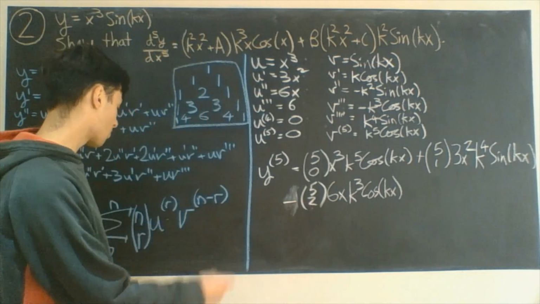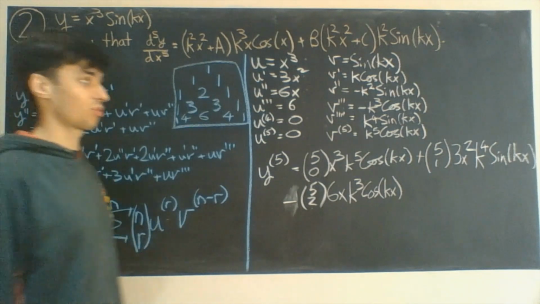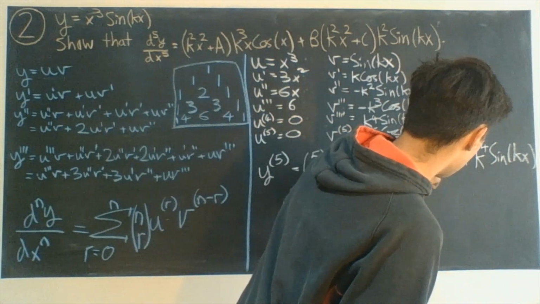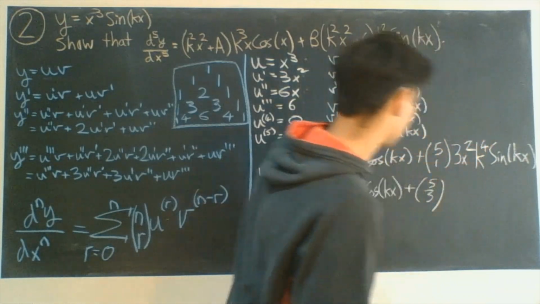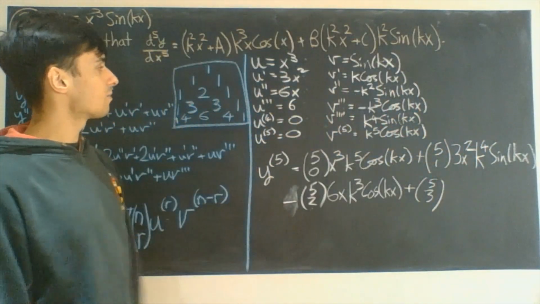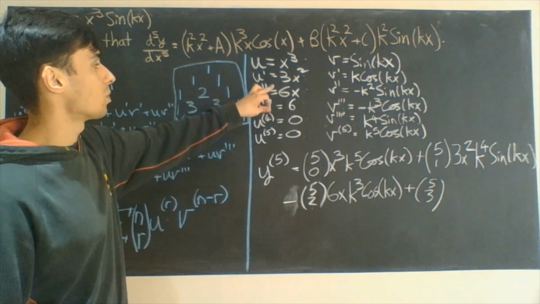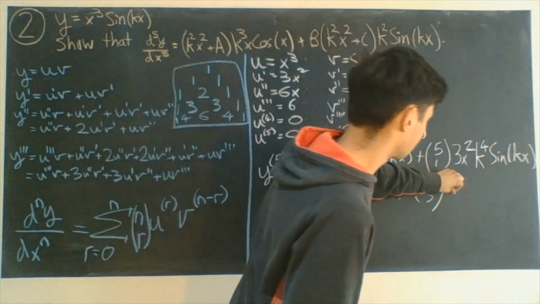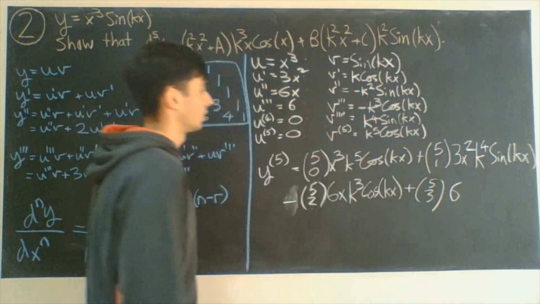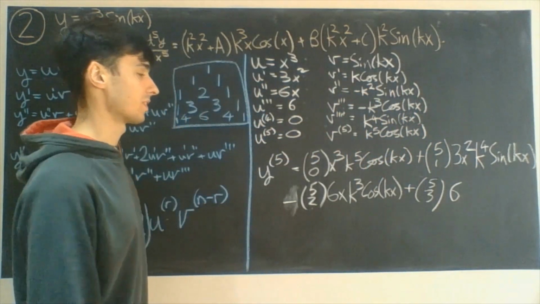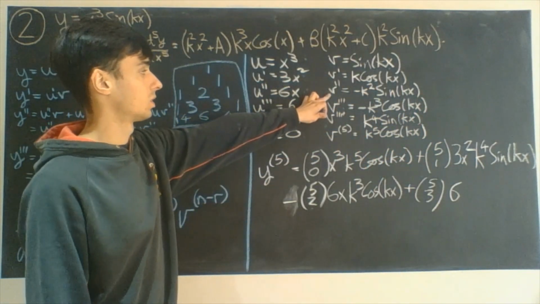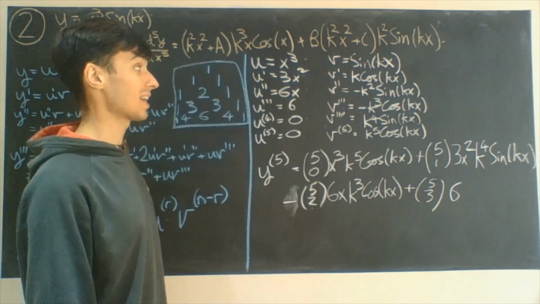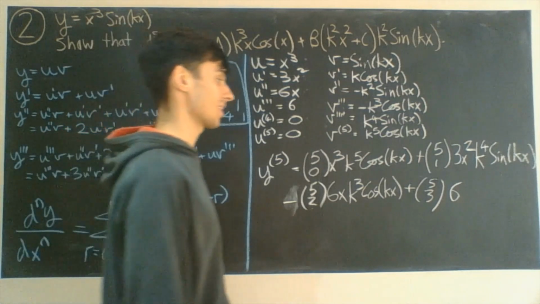We now want the third when r equals 3. So plus 5 choose 3. We want the third derivative of u, so it's just 6 in here. And we want the second derivative of v, so we want minus k squared sine kx in this one.